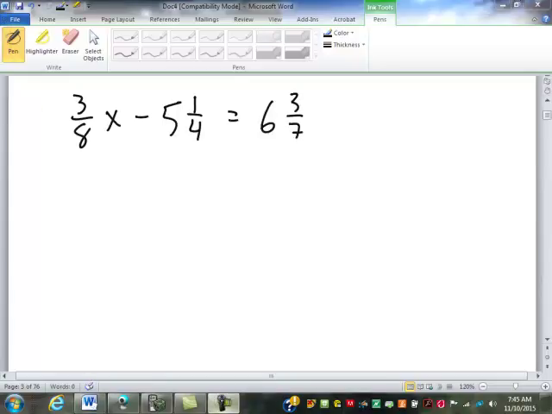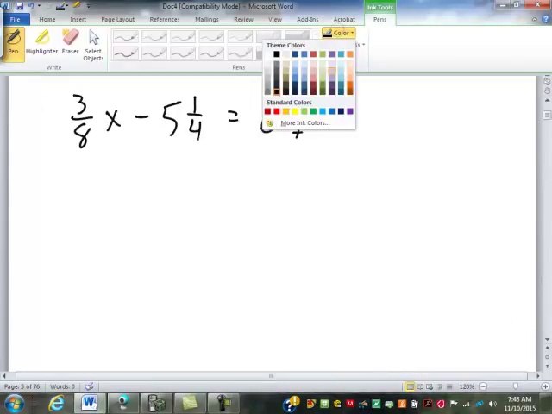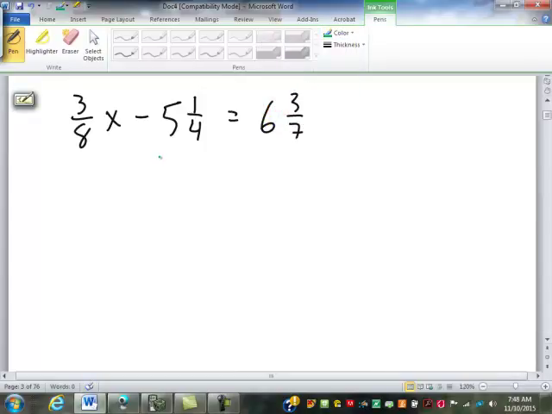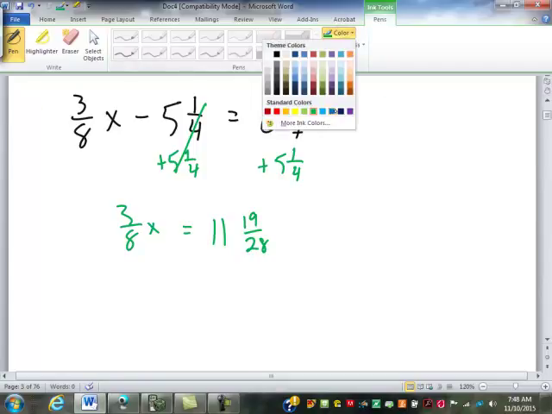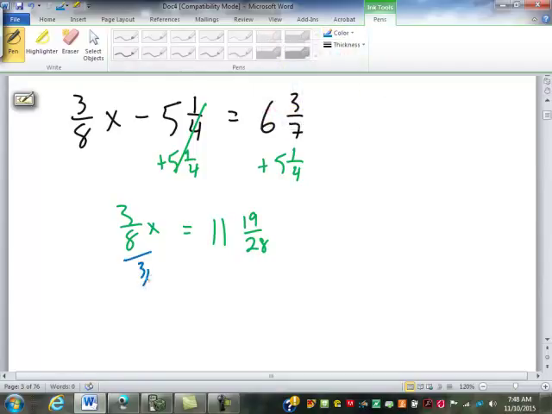Try that one. Step 1. Add 5 1/4, okay. So we get 3/8 x equals what? 11 and 19/28. And then divided by 3/8.